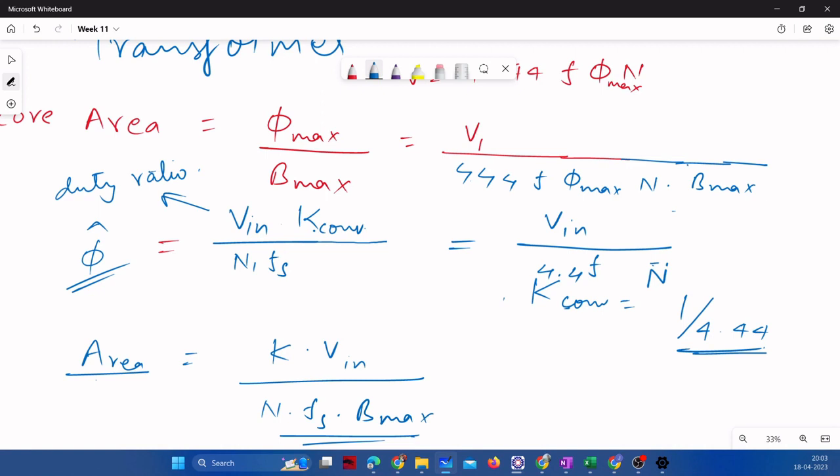It is 1 by 4.44, but it will be very less compared to 0.5. So how in literature is it mentioned that it is equal to the duty ratio? That we will have to see.